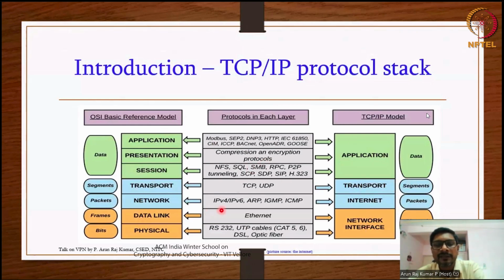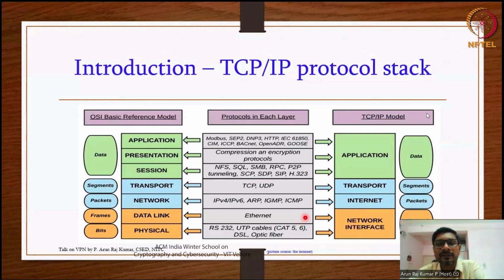The reason for merging certain layers is that the physical and data link layers are merged together into the network interface, so the functionalities available have been merged into a network interface. So you will have a unified interface across the different heterogeneous networks. That's the advantage of merging the two different layers.